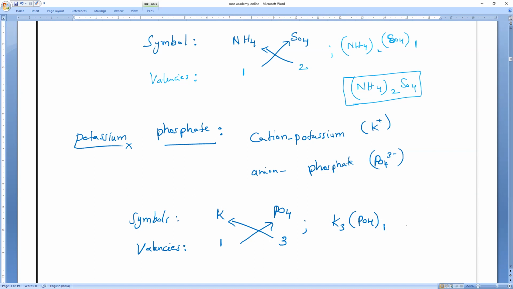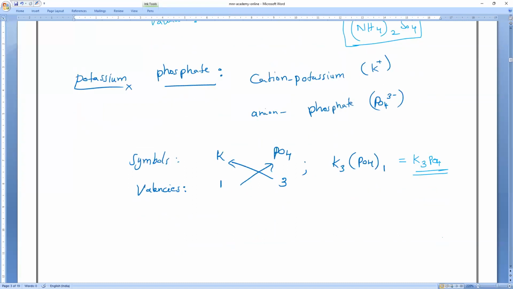K3 PO4 1. But 1 is not required to represent; if 2 is there, meaning twice, it is compulsory to represent. What is the formula? K3PO4. Potassium phosphate. Anybody having any doubt, you can ask me.